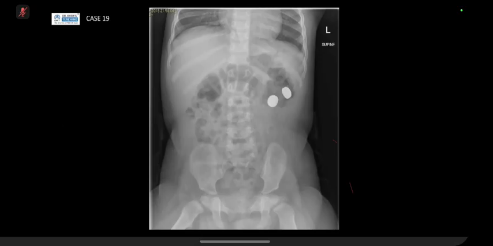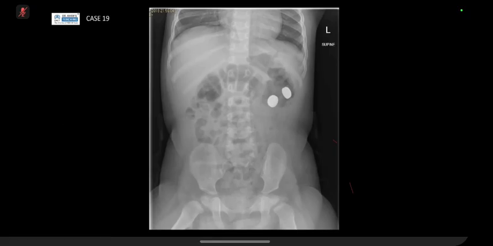They are not stuck to each other, and the shape. There's no sign of pneumoperitoneum. Yeah, and the visualized bones and lungs are clear. So I think this is a foreign body ingestion in the child.